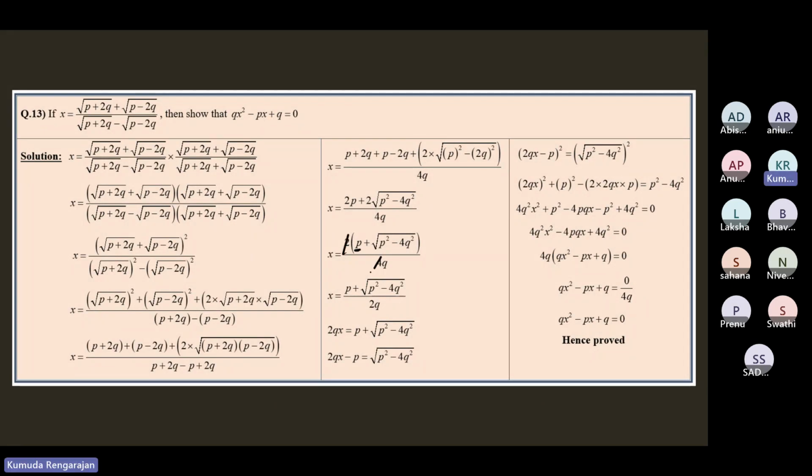Now 2 and this 4 will get cancelled. So you will have only 2Q in the denominator. This 2 is cancelled out with this. So you can remove the bracket in the numerator. So P plus root of P square minus 4Q square.